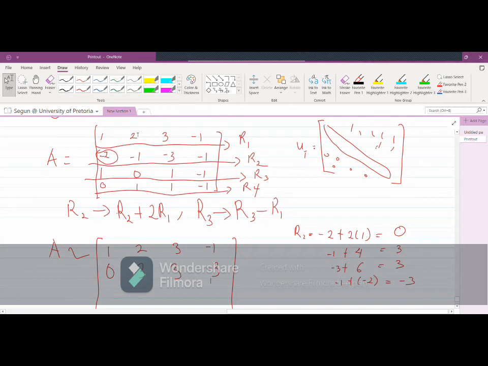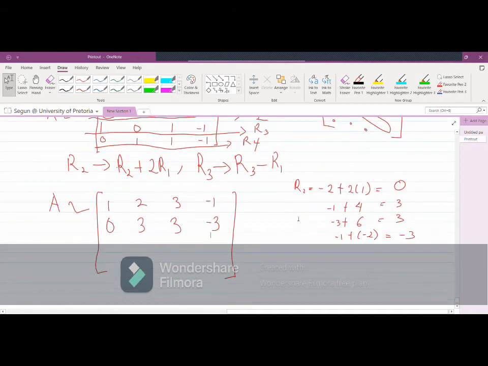We know that this is multiplied by 2. 2 times 2, 4. That's why you see it. We have minus 3 here. 2 times 3 here, 6. We have minus 1 here. Minus 1 times 2, minus 2. That is why you see it.